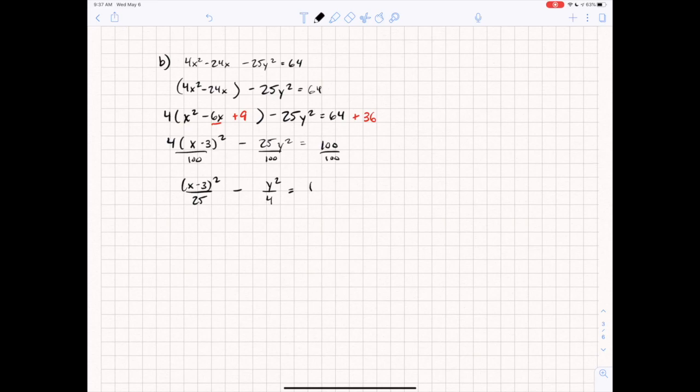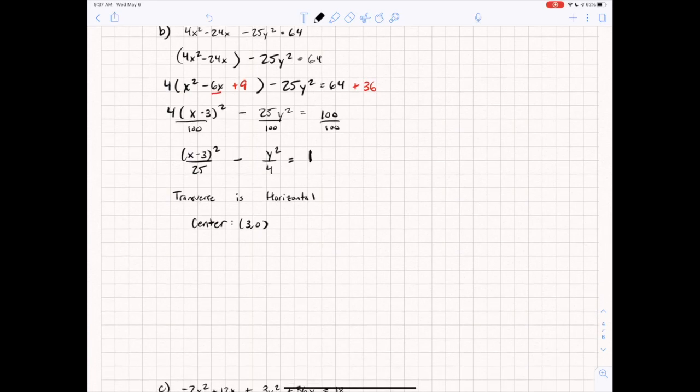Okay, so from this, we can see that the x term comes first. So this means that my transverse is horizontal. The center is located at 3, 0.